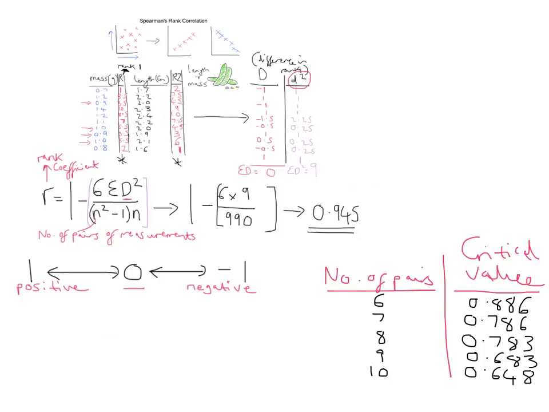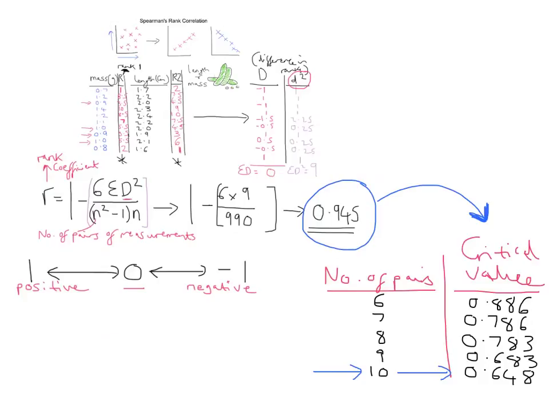Now this is why this table is important. We obtained a value for R of 0.945. So to be 95% certain that that result is significant, you look at the critical value on the table that's provided for the certain number of pairs that you used and see if you're above or below that critical value. If you are above, then it's significant. So at 10 pairs, because that's what we had, the critical value is 0.648.